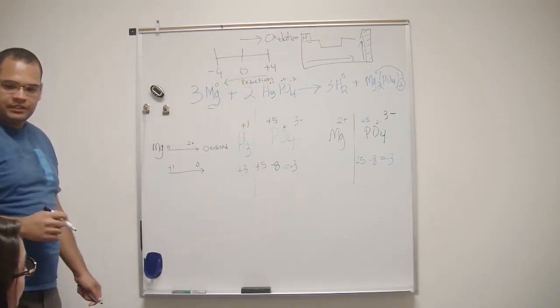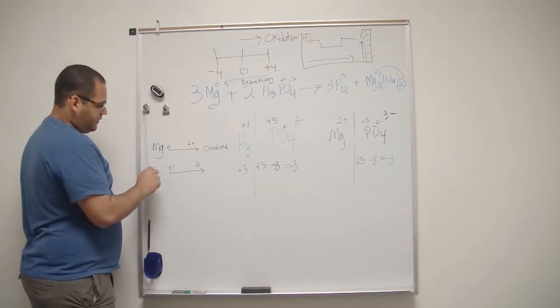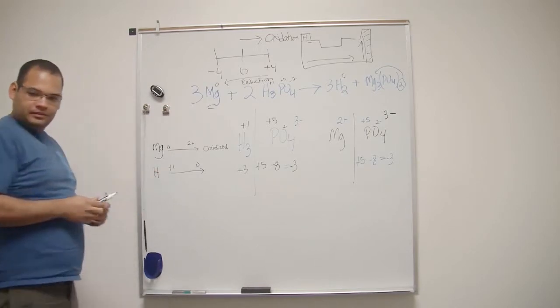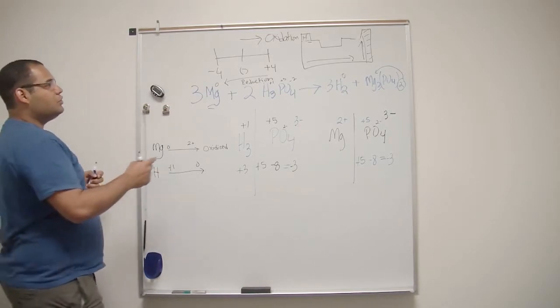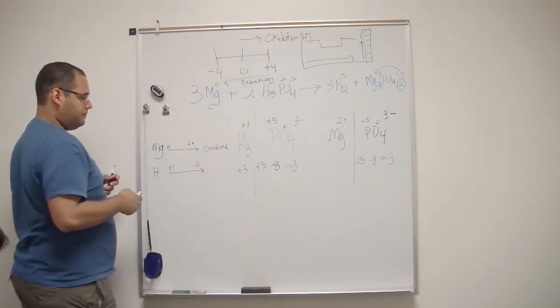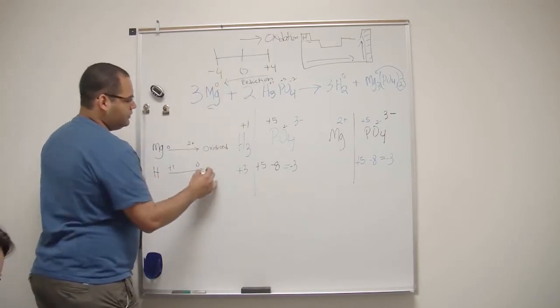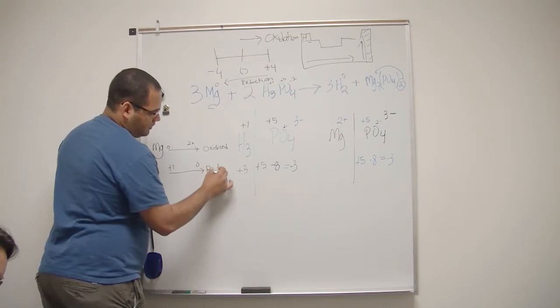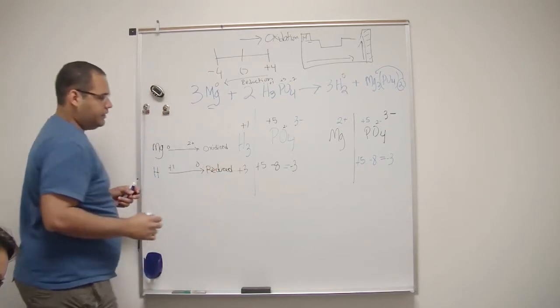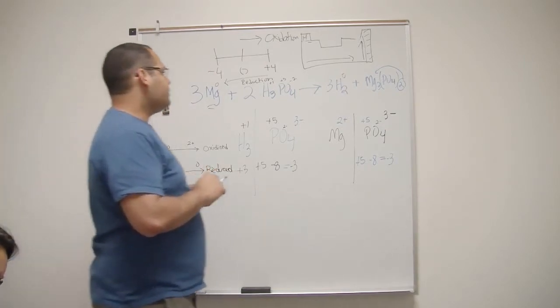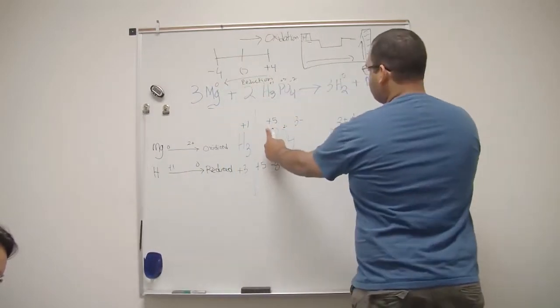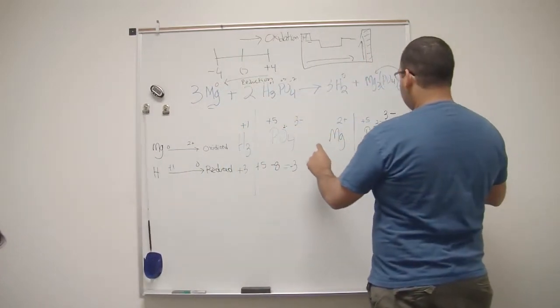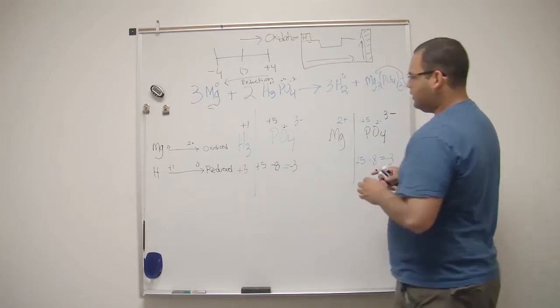So that means it's reducing. So it's reduction. And if I look at phosphorus, +5 to +5, nothing happened. Oxygen, 2 minus to 2 minus, nothing happened.